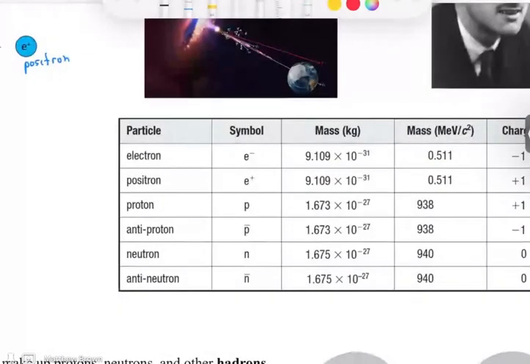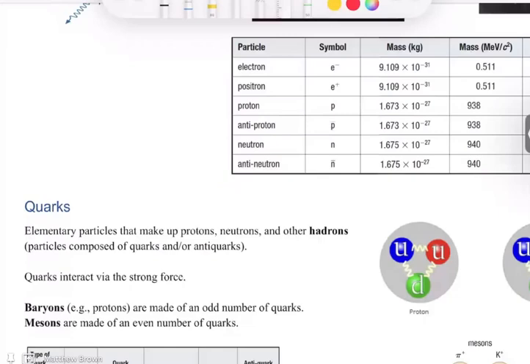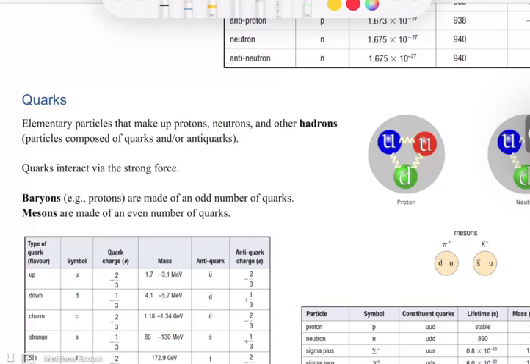And we really have been talking about protons and neutrons and stuff quite enough, right? So if we actually look inside them, or what seems to be there, they're not elementary particles. Quarks are these elementary particles that make up protons and neutrons and other hadrons.